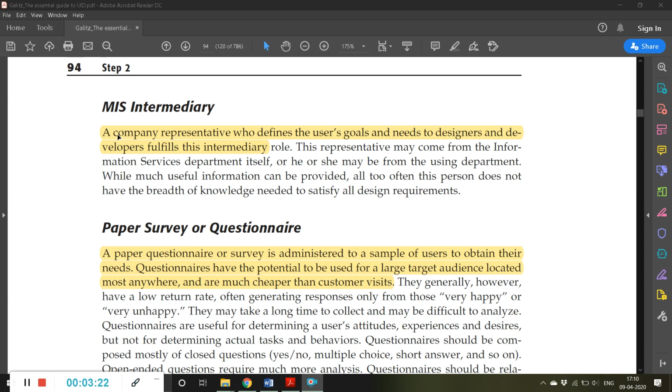So that is the MIS intermediary. If you ask how this company representative can play the role of a user, it is because he may have so much experience dealing with similar sorts of projects, or he might have handled so many similar projects.